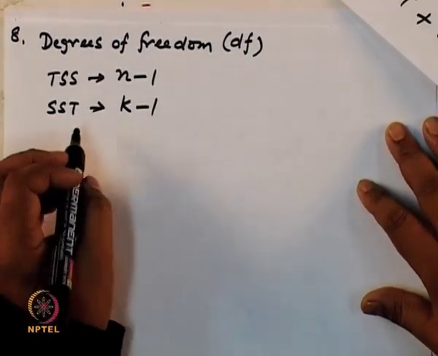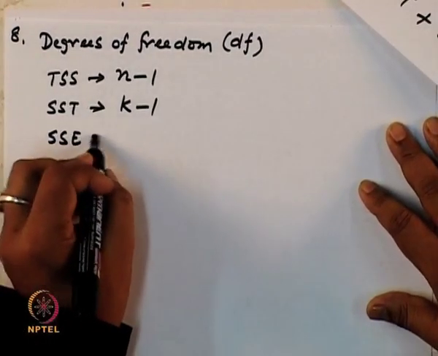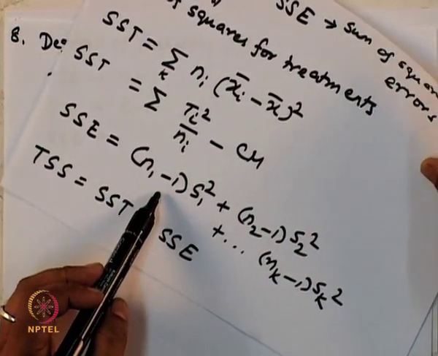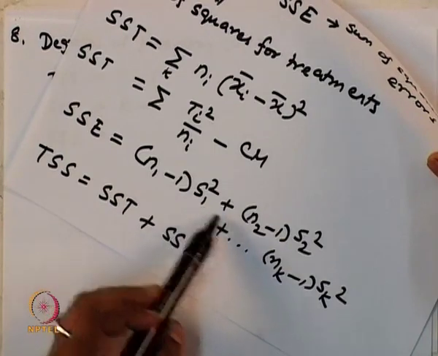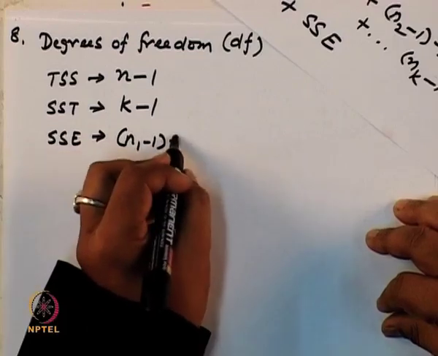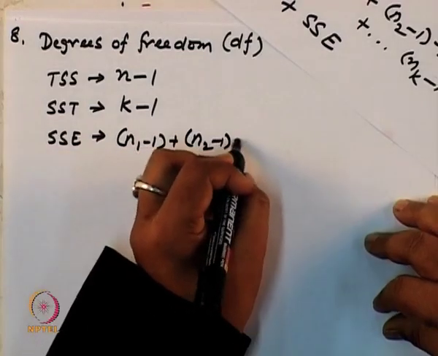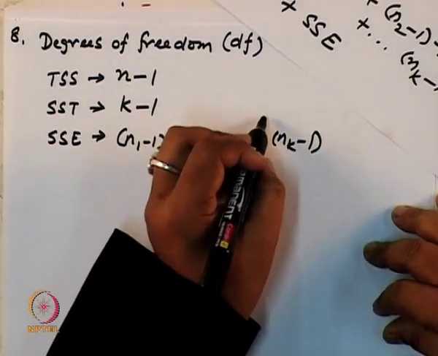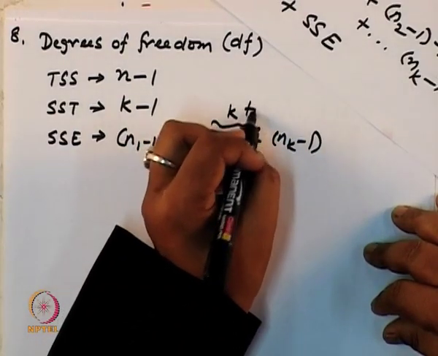For the errors, SSE has contributions of n1 minus 1 plus n2 minus 1 plus ... nk minus 1, which is k terms.